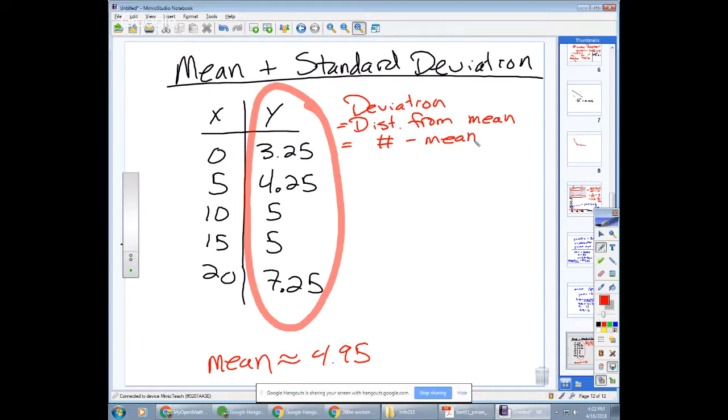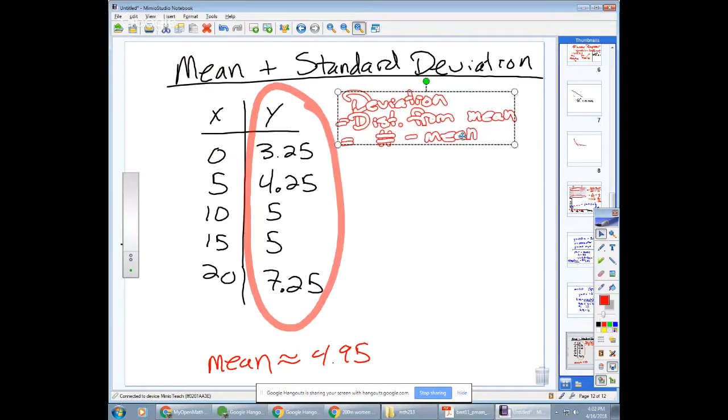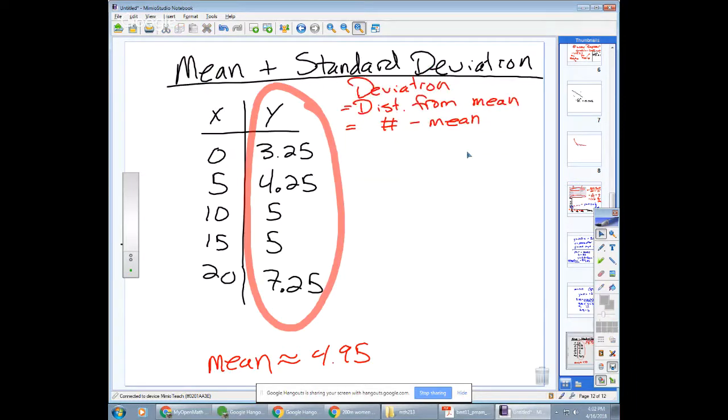So for example, in this first line here, I'm getting a deviation of negative 1.7, because it's below average, it's a negative number. 4.25 is a little below average too, right? So that's negative 0.7. 5 is a little above average. It's plus 0.05.